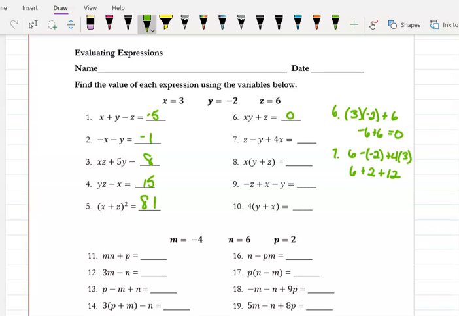Silly me. 6 plus 2 is 8 plus 12 would be, wow, what am I doing? 20. Sorry about that. Okay, number 8. X is 3 times y is -2 plus 6. Actually, I think I'm going to want to edit that out and just start all over.